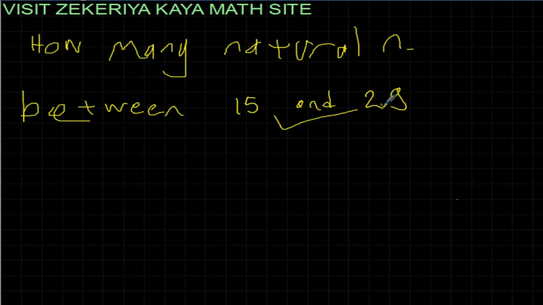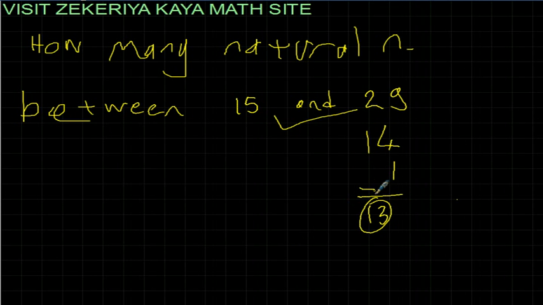Number 6, yes. 13, let's see. 29 minus 15 will be 14, then minus 1 more. 13 numbers will be between them. Okay, this was the first kind of examples about natural numbers. Minus 2, I used. Okay, no problem. That's okay.